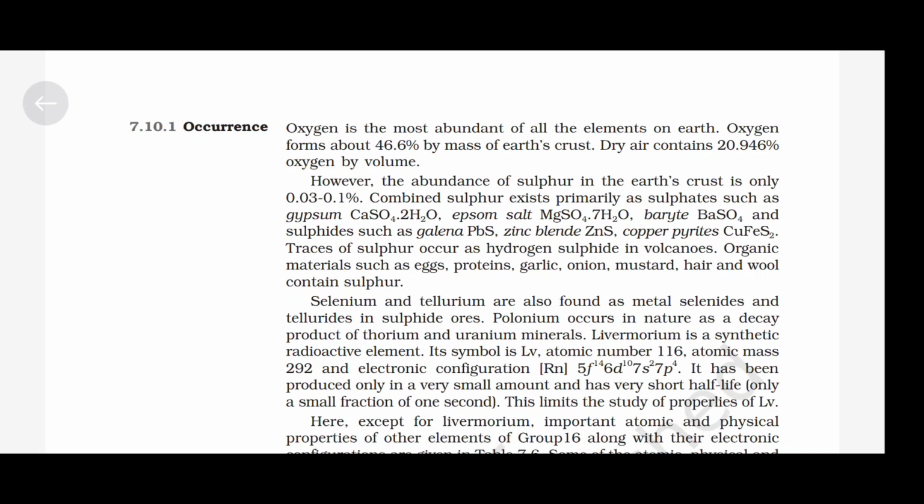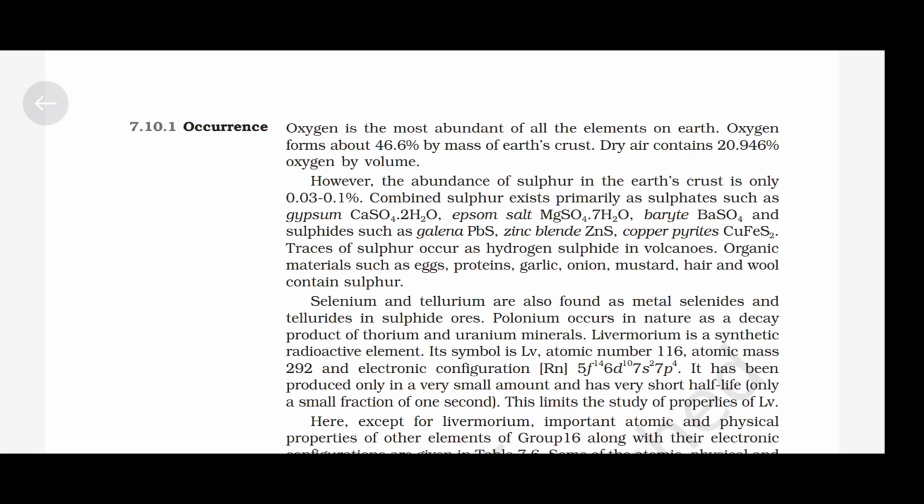0.1%. Combined sulfur exists primarily as sulfates such as gypsum CaSO4.2H2O, Epsom salt MgSO4.7H2O, barite BaSO4, and sulfides such as galena PbS, zinc blende ZnS, copper pyrites CuFeS2.